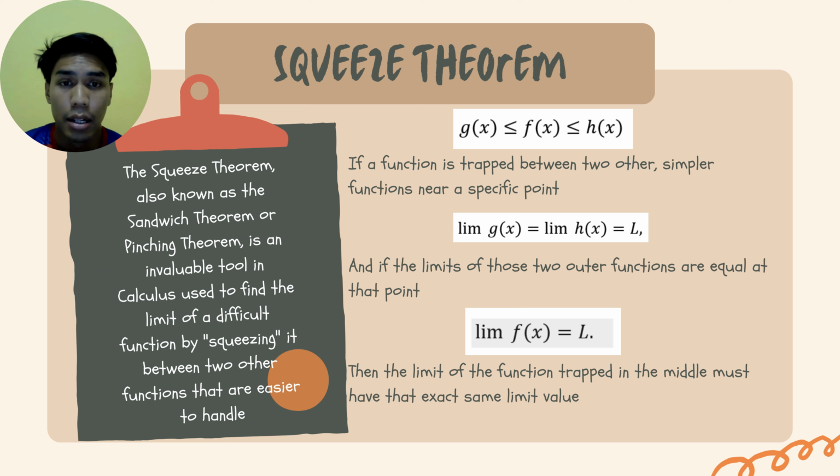Second, the limit of g of x equals the limit of h of x equals L, so the limits of the two outer functions are equal at that point. And lastly, the limit of f of x equals L. Then the limit of the function trapped in the middle must have the exact same limit value.